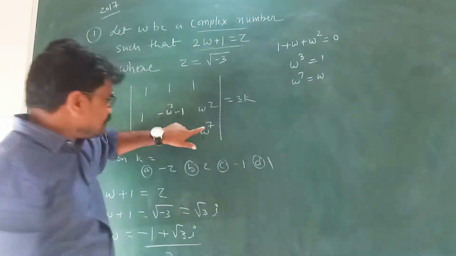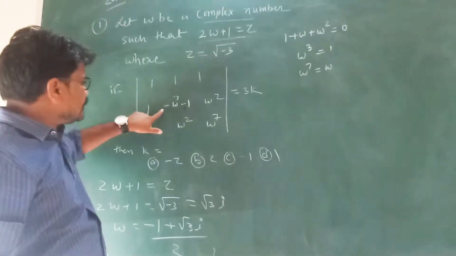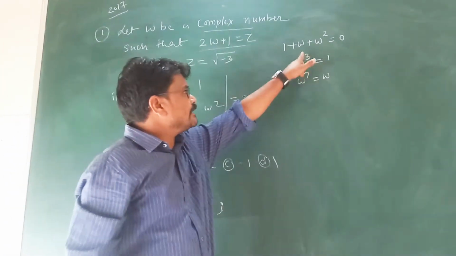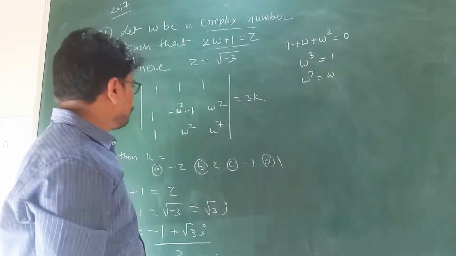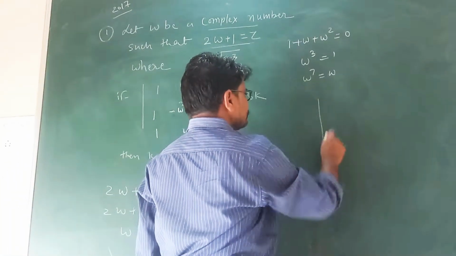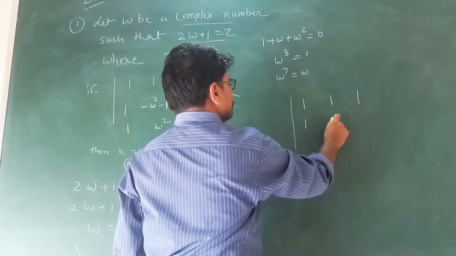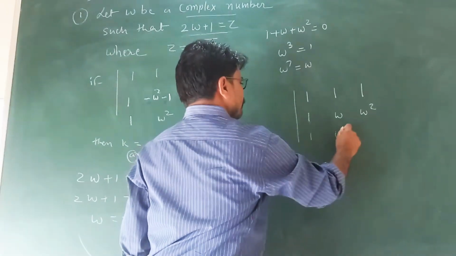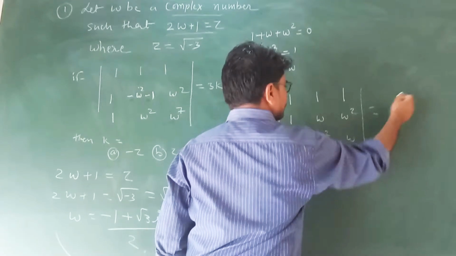I can replace omega 7 by omega, and I can replace minus omega square minus 1 by omega. Correct? So this determinant is now converted into 1 1 1, 1 omega square 1, omega square omega, that is equal to 3, right?